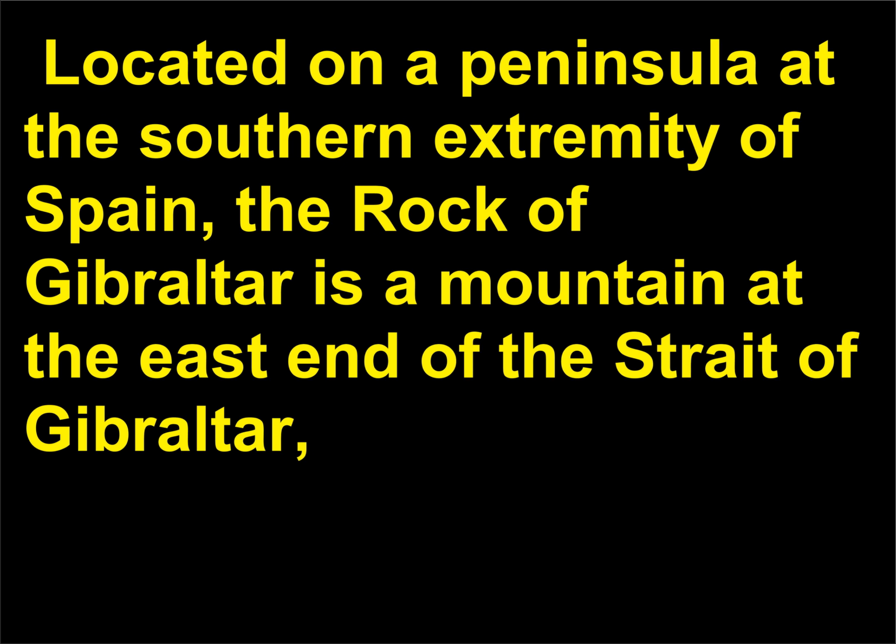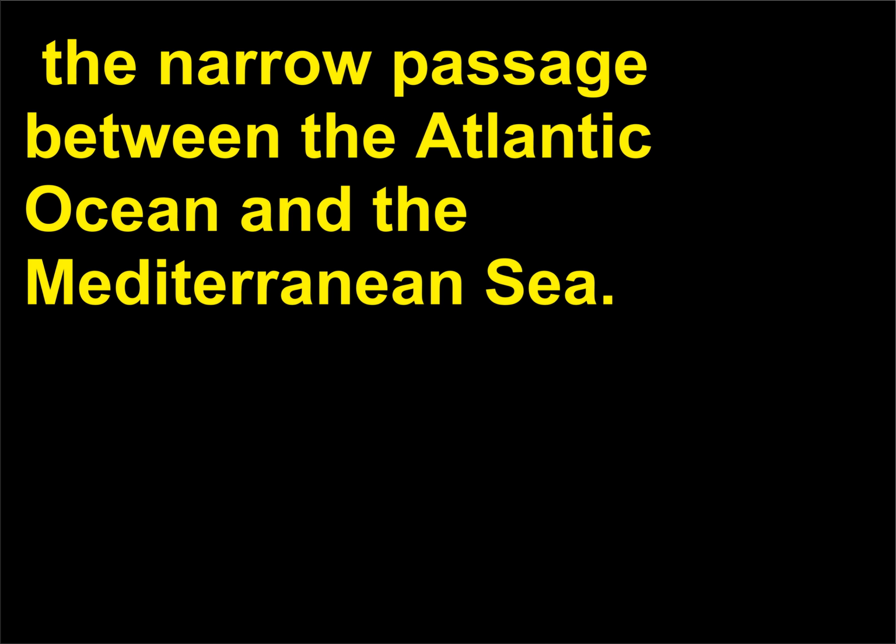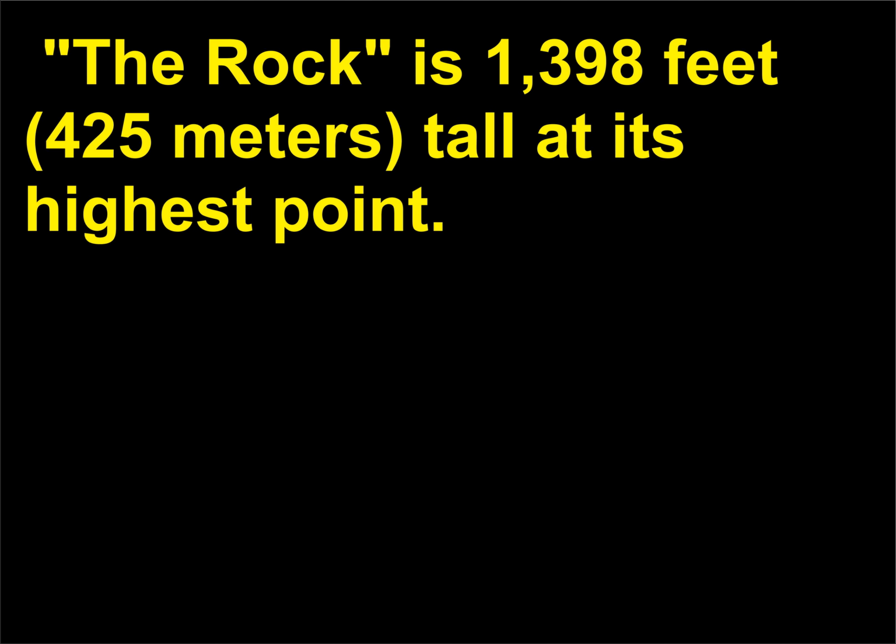Located on a peninsula at the southern extremity of Spain, the Rock of Gibraltar is a mountain at the east end of the Strait of Gibraltar, the narrow passage between the Atlantic Ocean and the Mediterranean Sea. The rock is 1,398 feet, 425 meters, tall at its highest point.